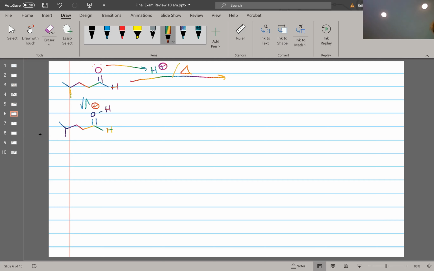Okay, and then what else do we need to do for an aldol reaction to occur? We're going to end up reacting with two equivalents of the aldehyde, right? One of the equivalents has to be turned into something reactive.